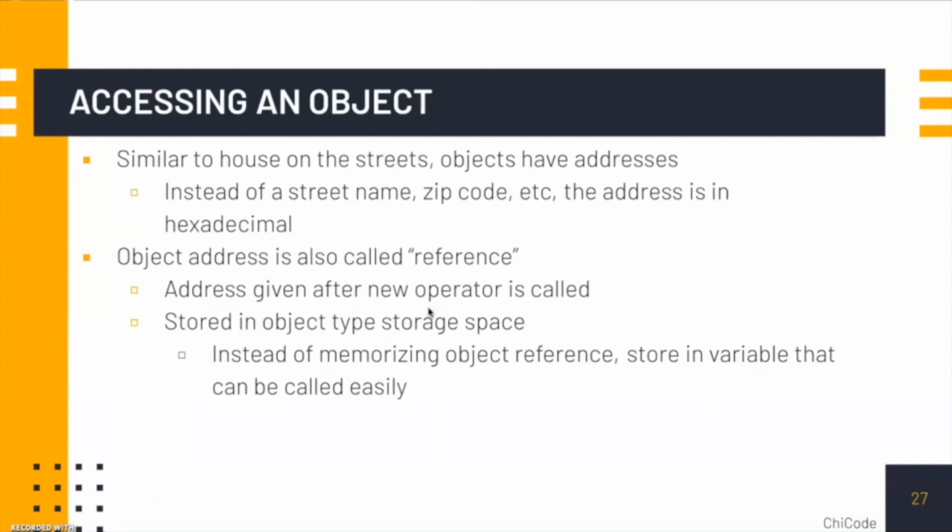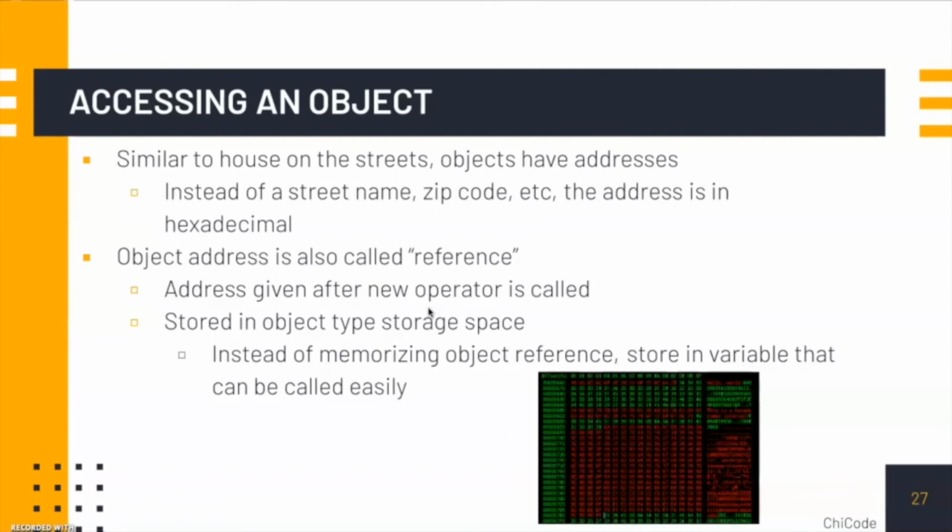So instead of zip codes and street names, the address is in the form of a hexadecimal. A hexadecimal is this you see down here. It's a system of different numbers and letters combined to form something called the hexadecimal language. The object address that we have is called the reference. And this reference is given after the new operator is called.